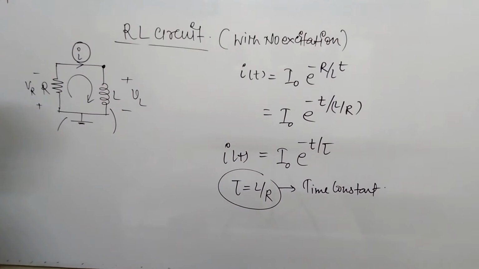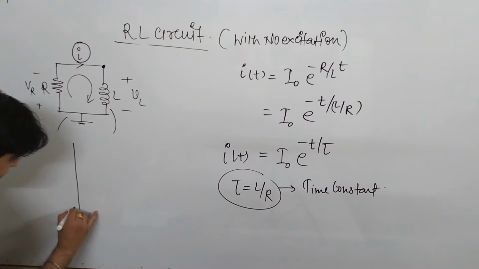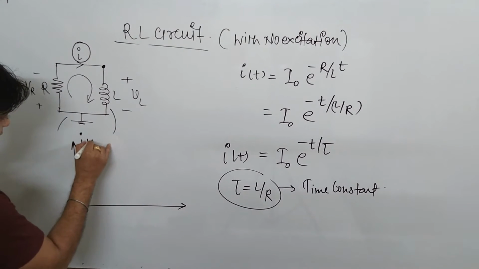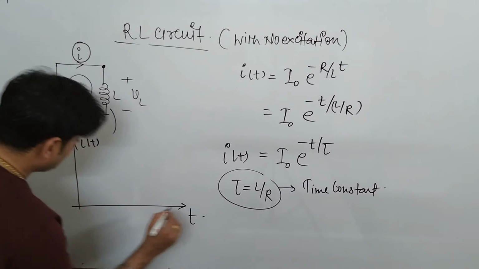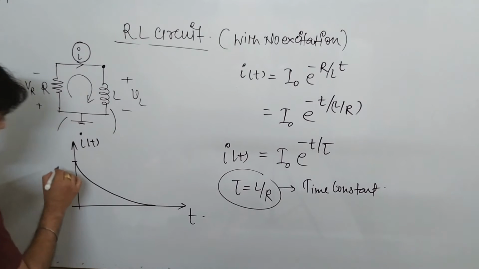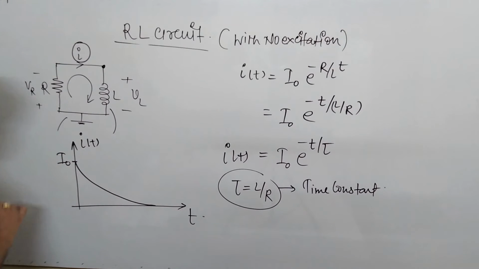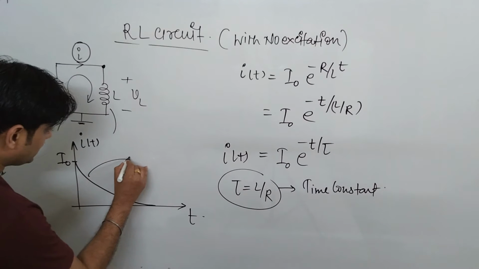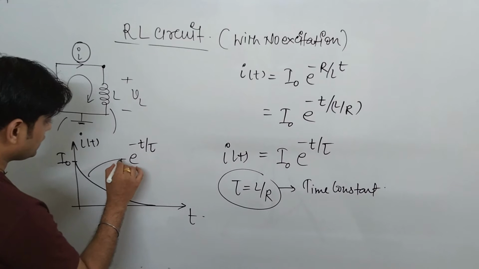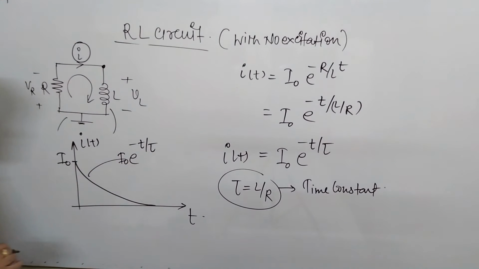Now if you again see the graph, as we have seen in case of capacitor, if this is your function i(t) with respect to t, you can say that this is the nature of the graph. It is similar to the capacitor, that is I naught. If this is the current I naught, this is a decaying exponential, I naught e to the power minus t by tau.